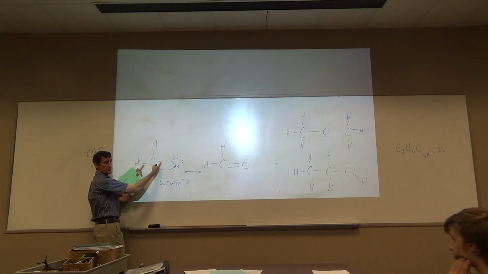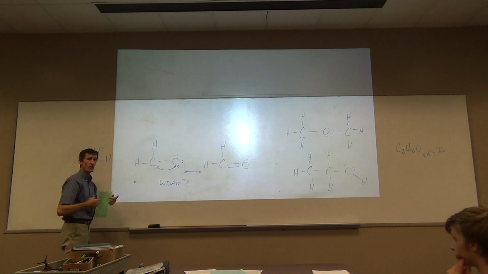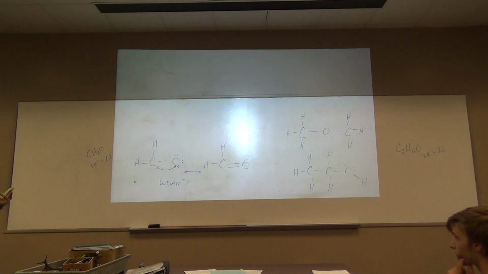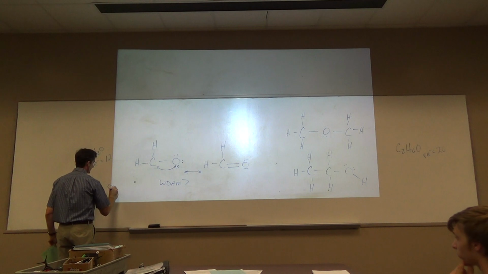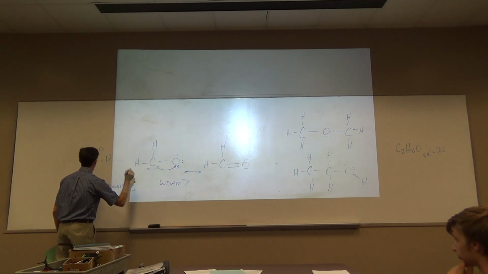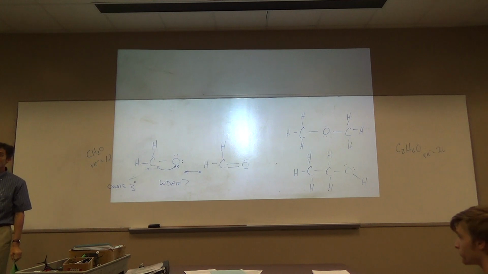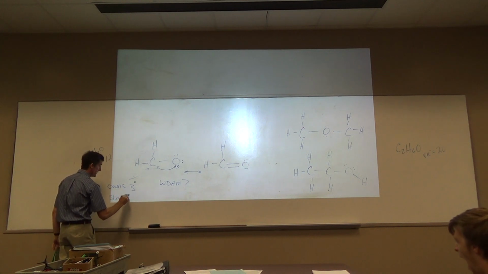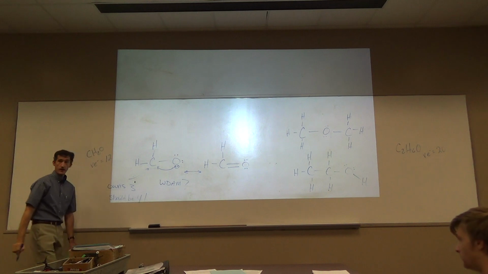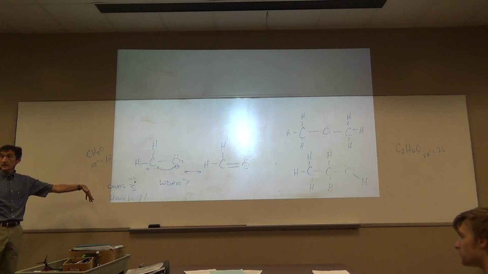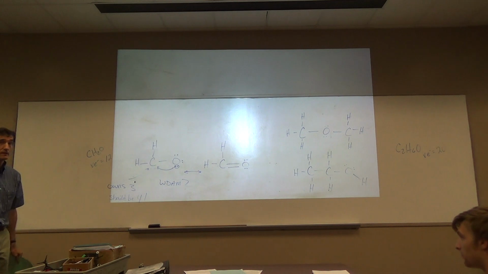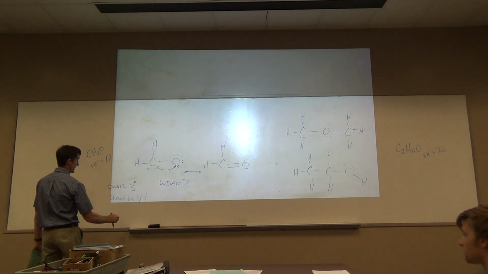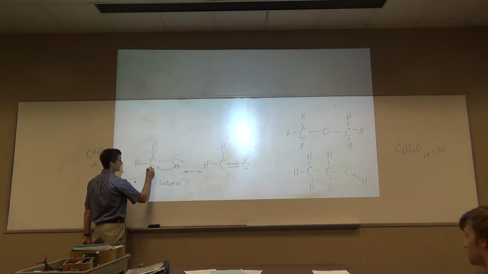I just say own. There's none here, so how many does that carbon own in terms of just what it brought to the dance? 3. Owns 3. How many is carbon supposed to own? 4. We're always talking valence. So it's missing 1. And if you're missing an electron, what's your charge going to be? Well, electron is negative. If you're missing a negative, it's going to make you positive. We put the charge on the atom here. Positive.